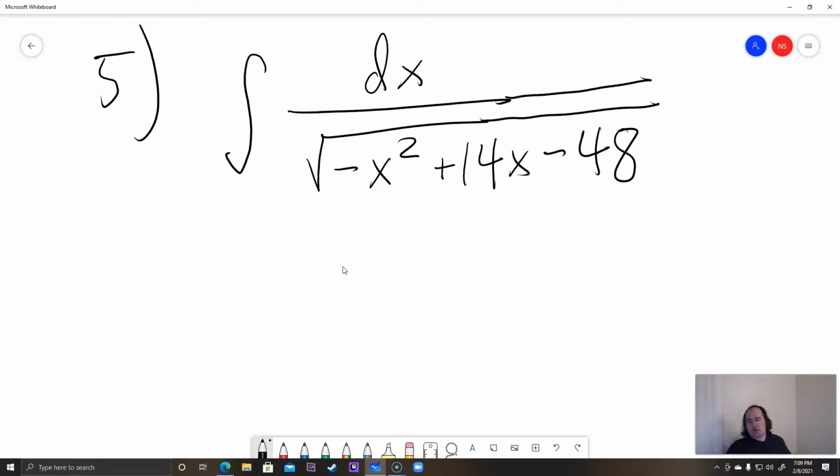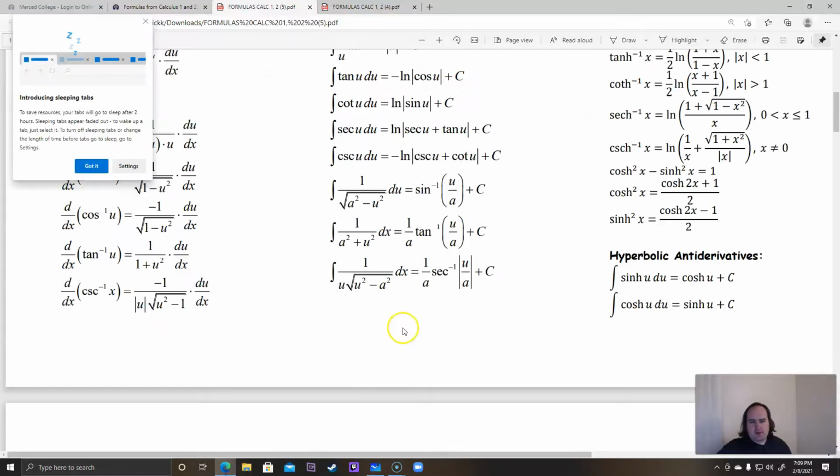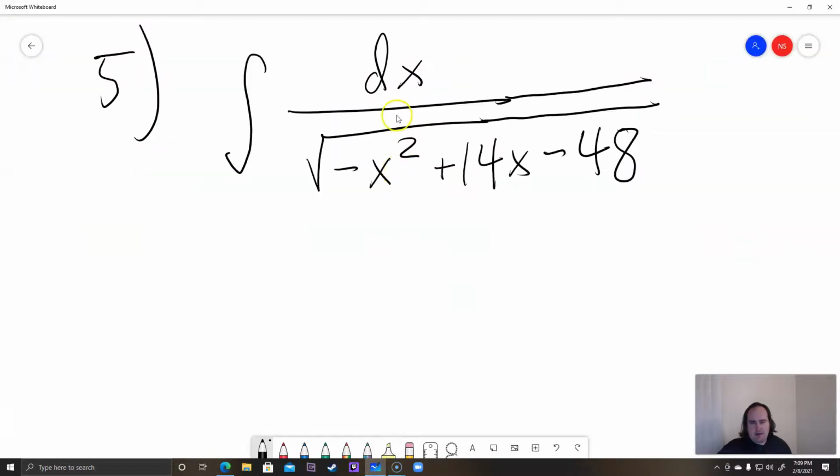Now what's super tricky about this problem is, notice it's not already in one of the forms that we need it to be in. So if we look back at our formula sheet, it's not in any of these forms. So we either need to have it be this form, or this form. But if we look at those forms, which one is the closest to this?